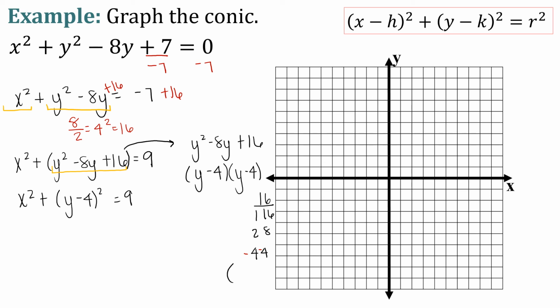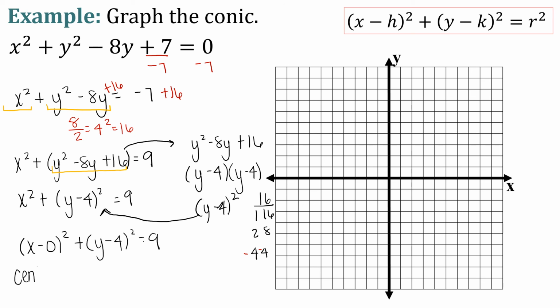And because I see the same y minus 4 as two copies of each other, I can write that as y minus 4 squared. I don't have anything with my x, so I can imagine that this is x minus 0 squared plus y minus 4 squared equals 9.